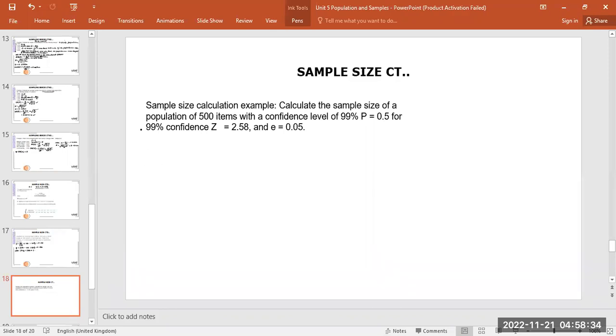Now, how do you calculate that? You simply make use of your formula, which was given as n is equal to Z alpha squared multiplied by capital N PQ, divided by E squared times N minus 1, plus Z alpha squared PQ. And all we need to do is just to plug in our values.